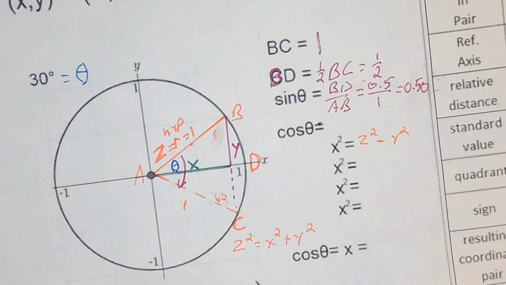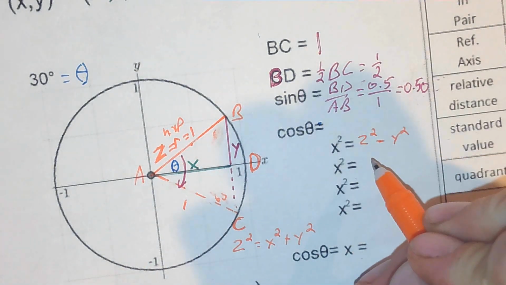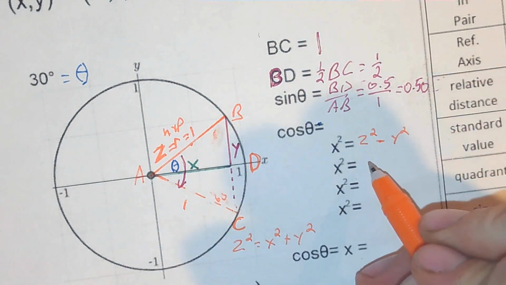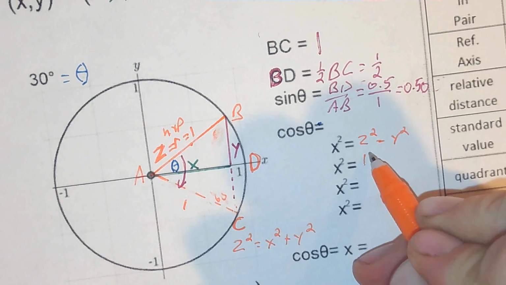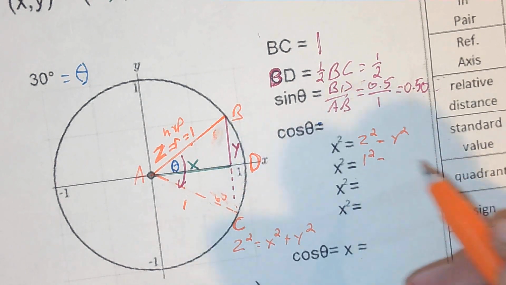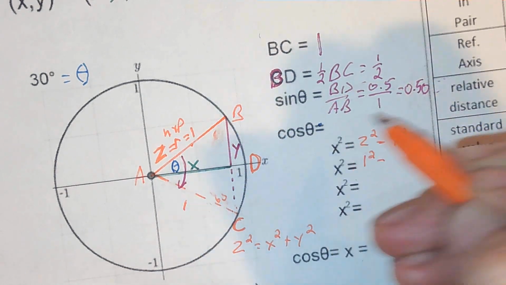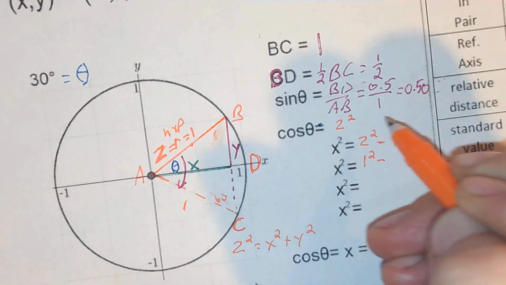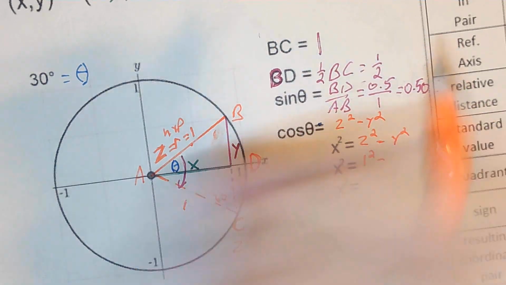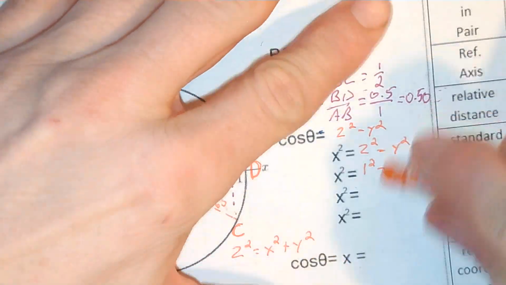Okay, so we plug some numbers in, and we say that it's going to be 1 squared minus, z squared minus y squared, in case I need more lines for this.